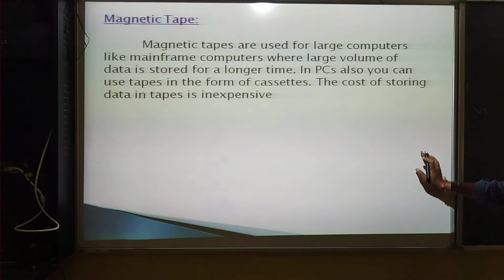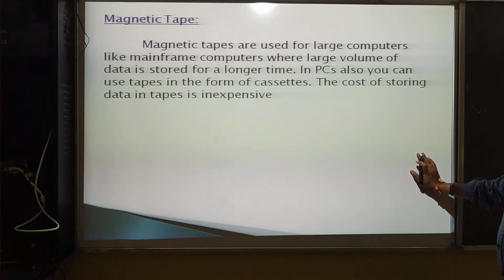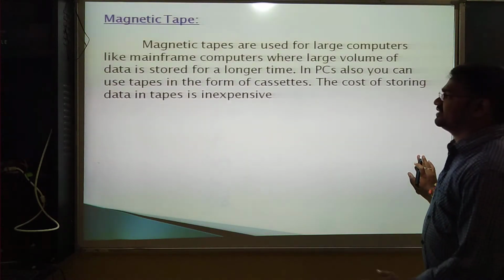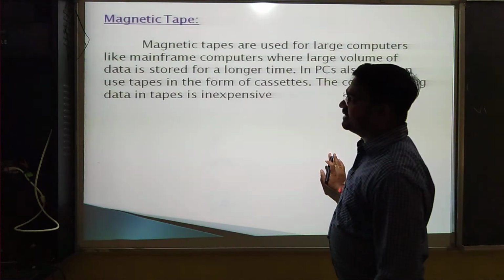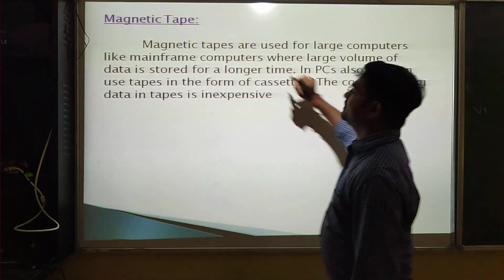In PCs you can also use tapes in the form of caches. The cost of storing data on tapes is inexpensive. So magnetic tapes are mainly used in mainframe computers.